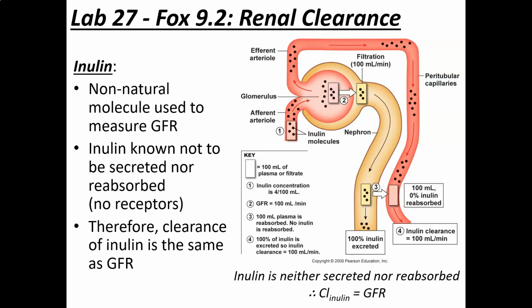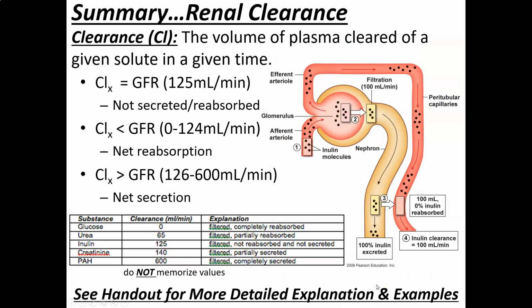So we can measure the clearance of inulin to measure GFR, and that's the nice thing about it. In order to be able to do that, right, the clearance should equal GFR. Right? So in a clinical situation, if you wanted to invent a substance where you could measure GFR, right?